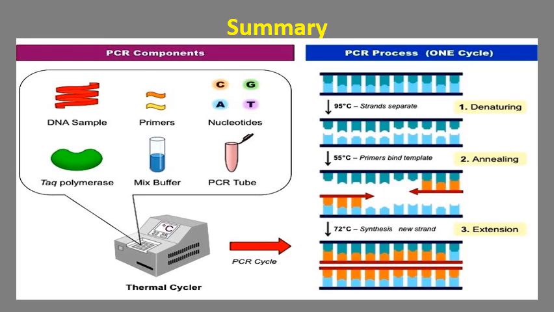First, denaturing at about 95 Celsius degrees. The second stage, annealing, includes the attachment or matching of primers with the template DNA at a temperature of 55 Celsius degrees. And finally, the third one, the extension stage, at 72 for synthesis of a new strand.